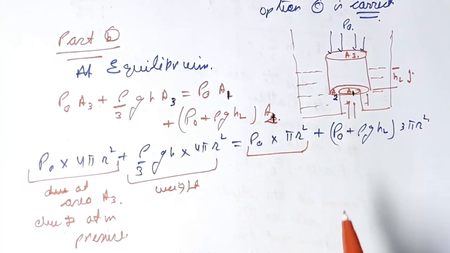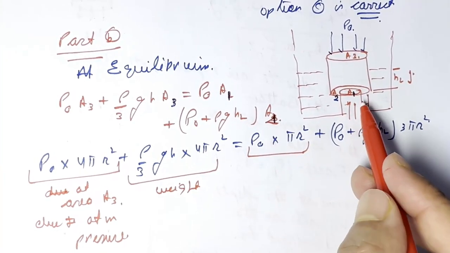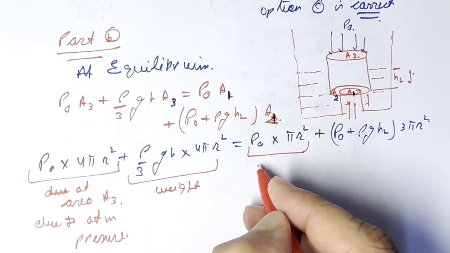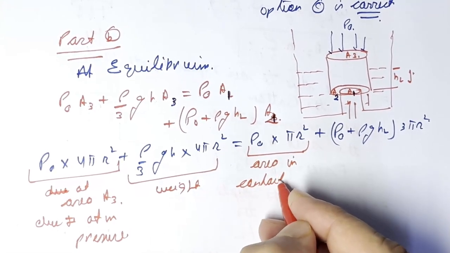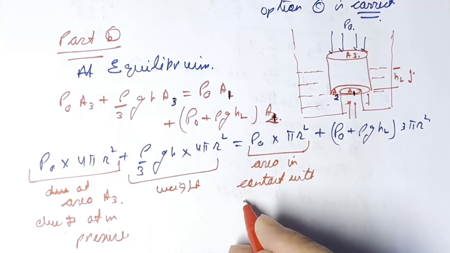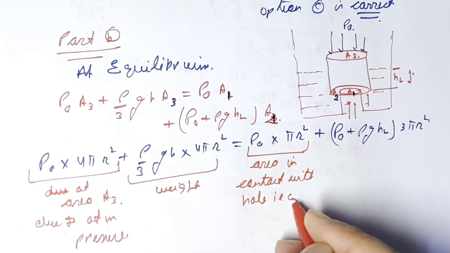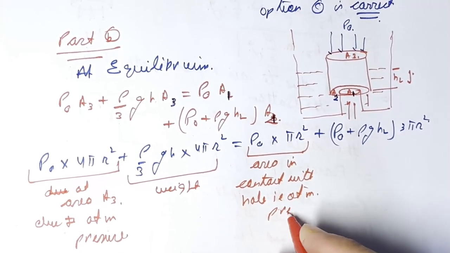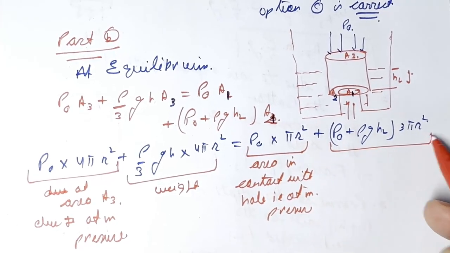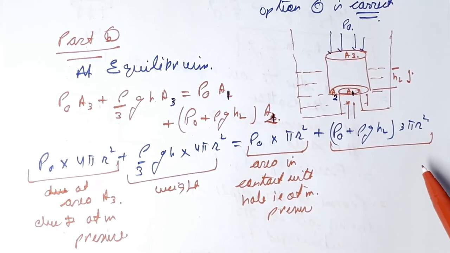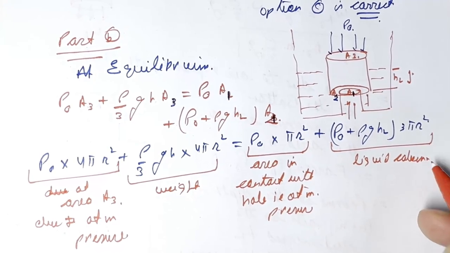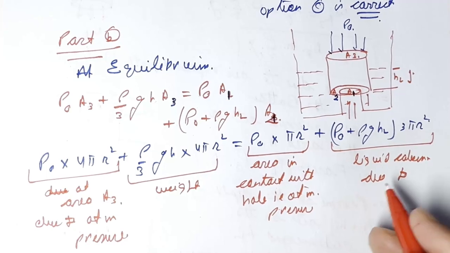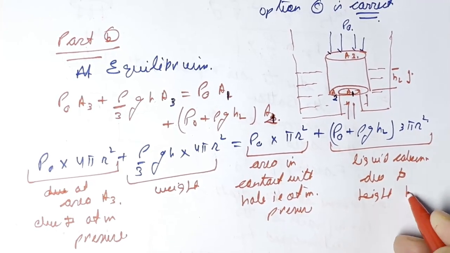And this portion is because of the area in contact with the hole, that is atmospheric pressure, and the last one is because of the liquid column of height H2.